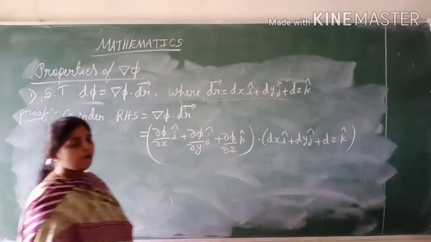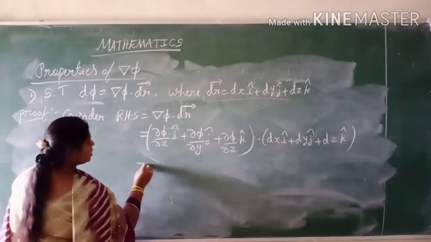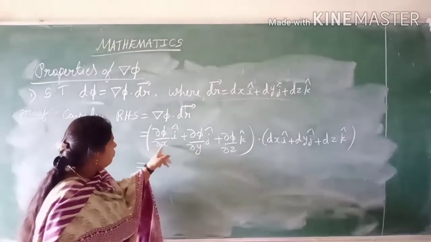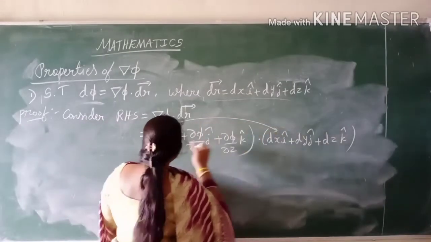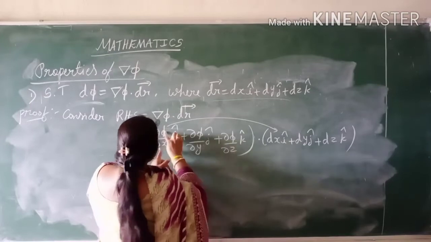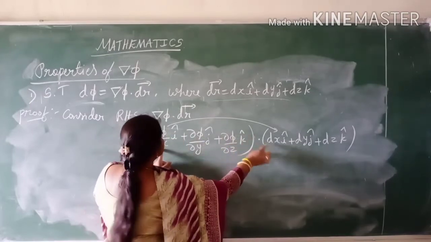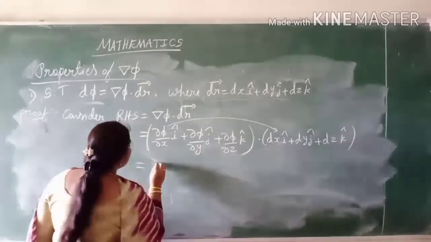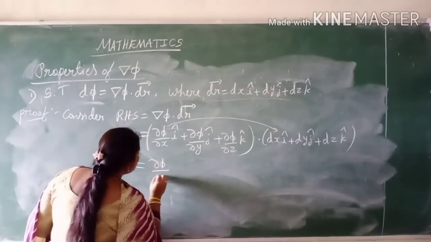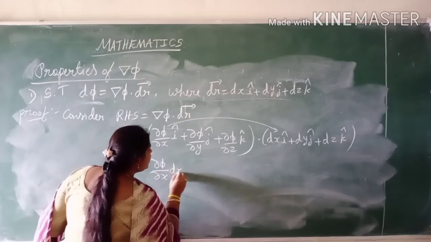You know how to find the dot products. First coordinate, dou phi by dou x. Multiply this one with this one first: dou phi by dou x into dx. Next, i dot i is 1, so 1 into this term is dou phi by dou x into dx.